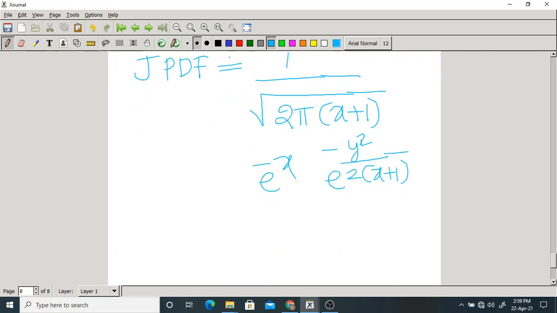Is it okay? Not only that, here x should be greater than or equal to 0 and for all y, y is any value.